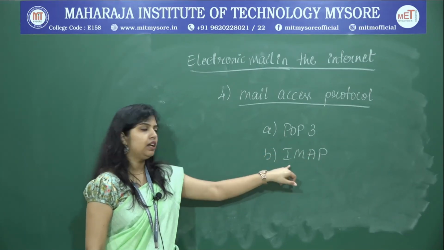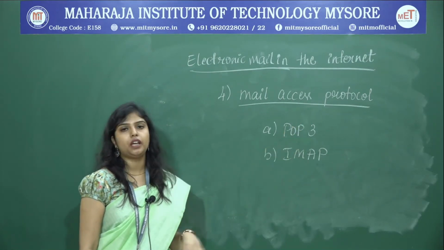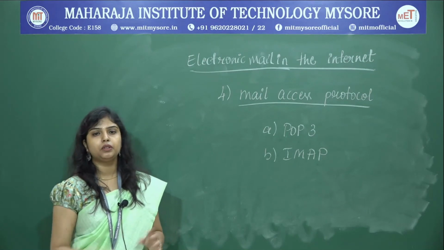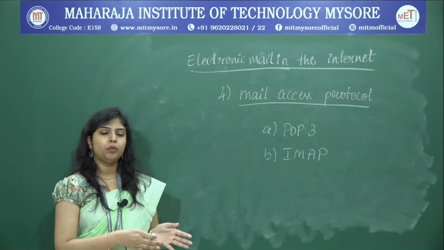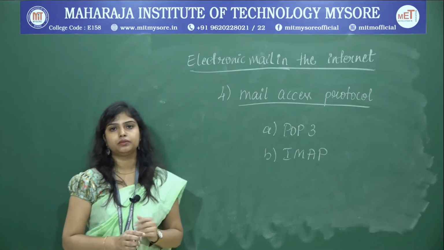The second one is Internet Mail Access Protocol. These are the alternatives other than SMTP to send the email from Bob's mail server to Bob's user agent.